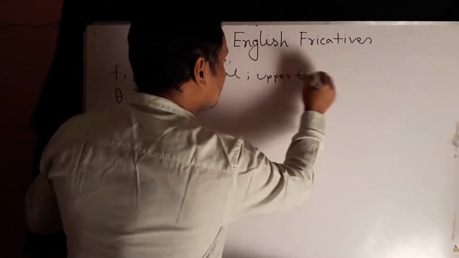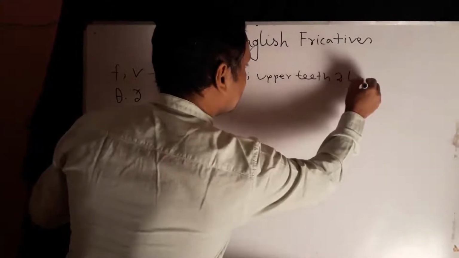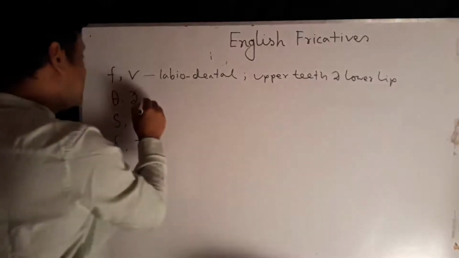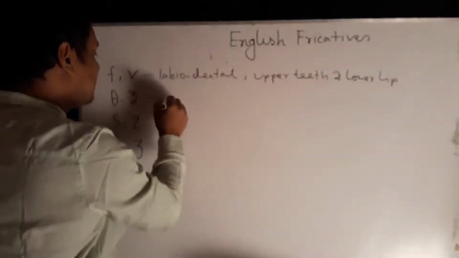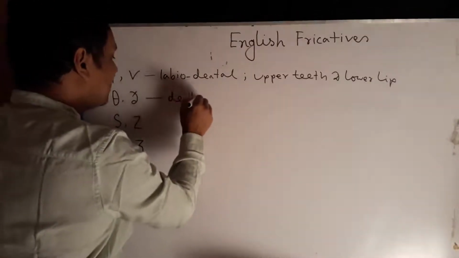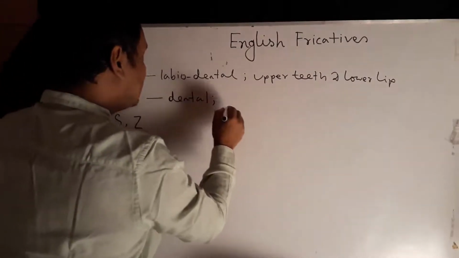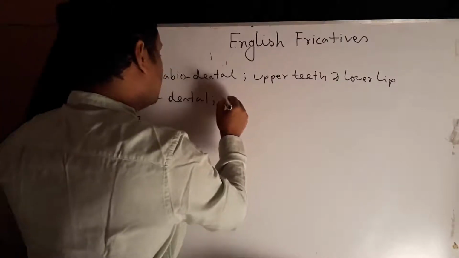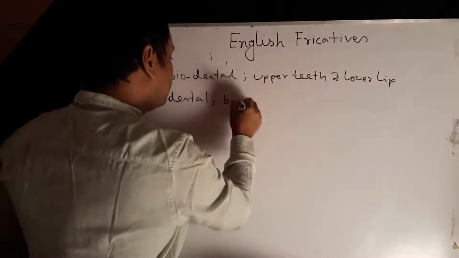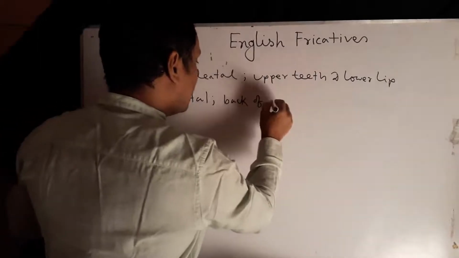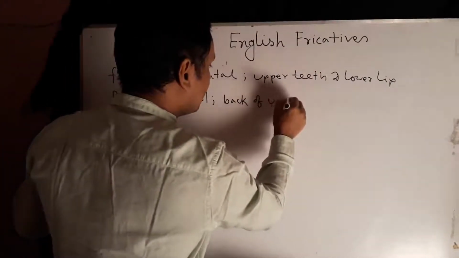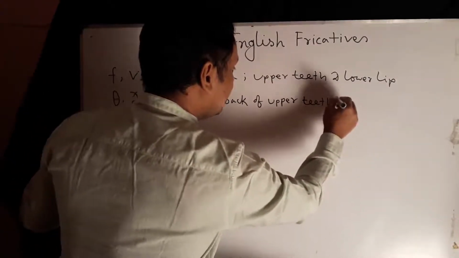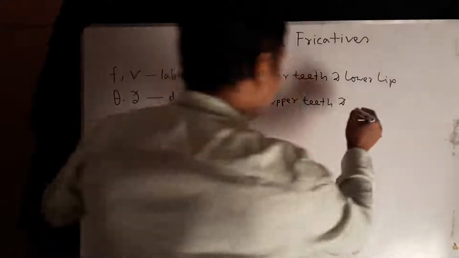Tha, da are dental, that is back of upper teeth and tip of the tongue.